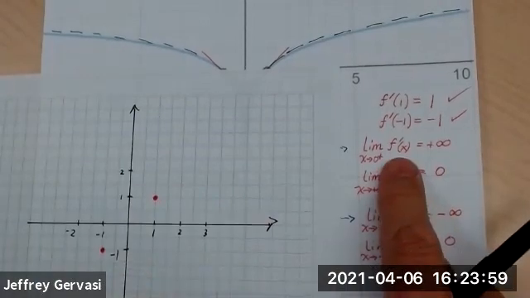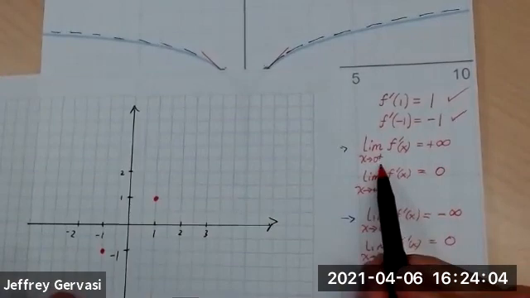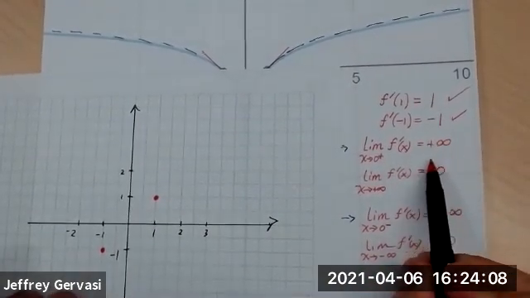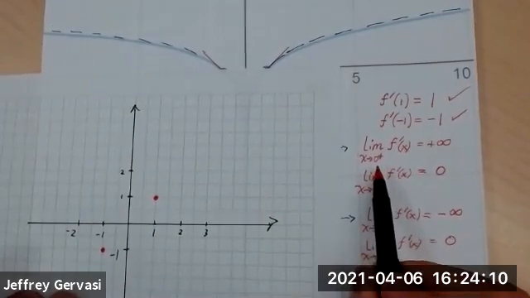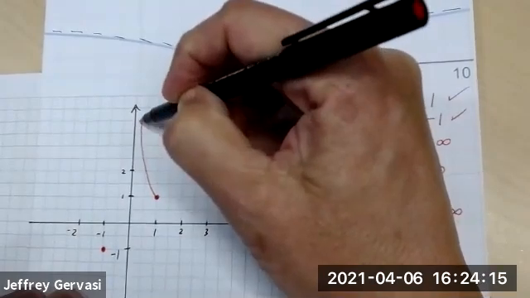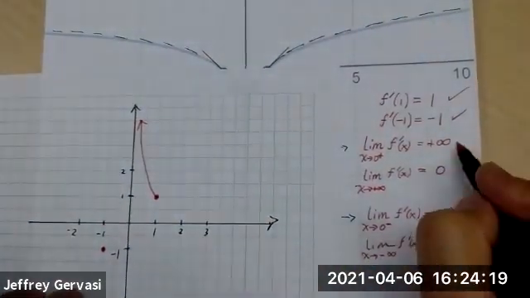Now, this one says that on its way through this dot, as we approach the origin from the right-hand side, the graph has to increase without bound. Remember, we said the y-axis, or the line x equals 0, is a vertical asymptote. So that suggests this. Takes care of that.